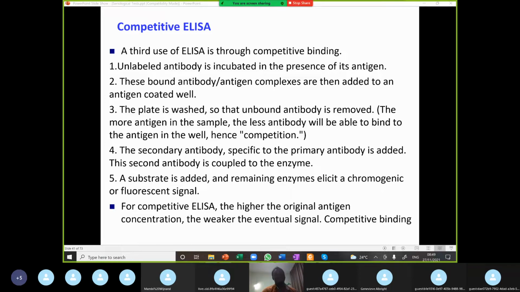So the first thing we do is that an antigen is coated onto a well. Forget about the order of these steps. A known concentration of antigens is coated onto a well.